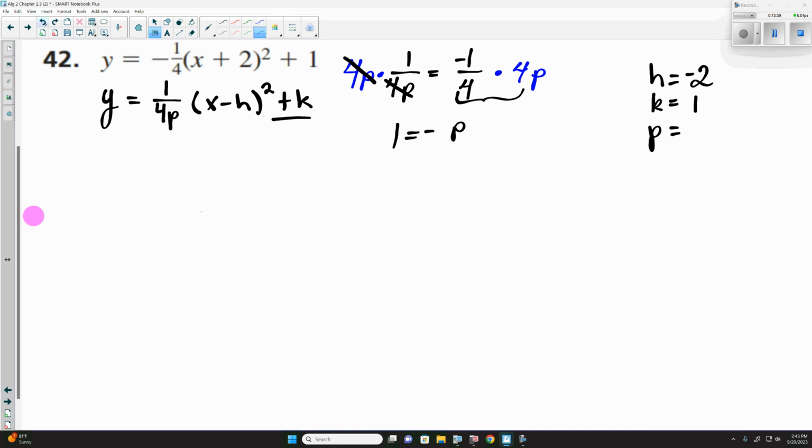Or we can just say it is negative p. Because we don't necessarily need the 1, but it's understood if we don't write it. What's the last thing we need to do? Turn it into a positive. We can multiply both sides by negative 1. Negative 1 times negative p is p, so p is negative 1.